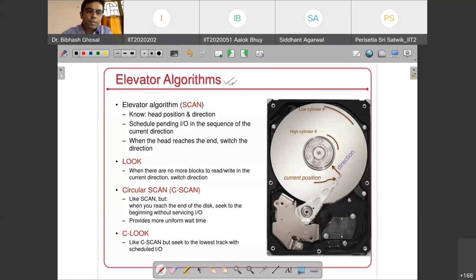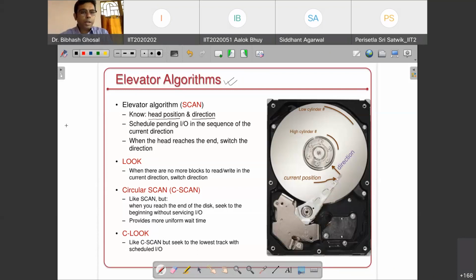What will happen? You will know the head position, and you will also know the direction. You know in which side you are moving. If your head is currently at 50 and you want to go to a head which is lower than 50, you will start scanning all the block requests until you reach the last.